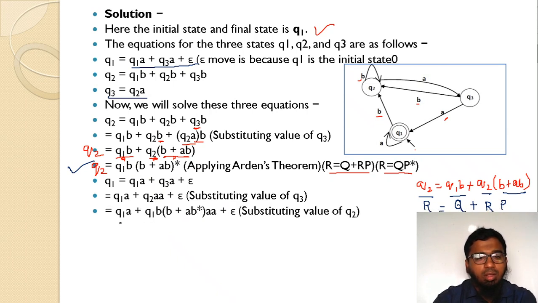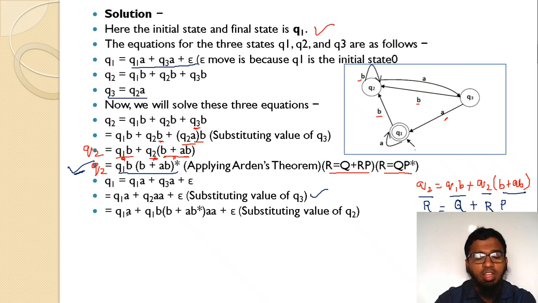Next one, here Q1A plus Q2AA plus epsilon. Now after substituting the Q3, again I am substituting the Q2 because I have the value of Q2 here. So directly this value we need to write here.